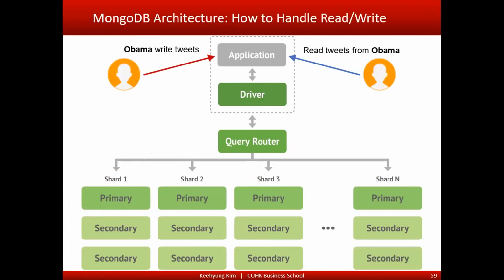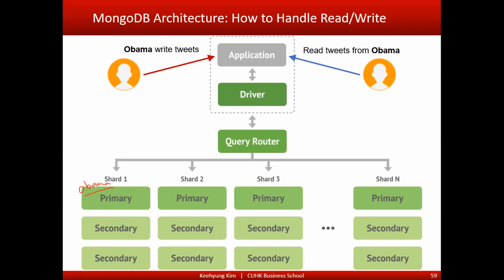So these are some of the examples here. Let's think about a Twitter example, and let's think about how this system actually works. In Twitter, there are multiple users. Let's say that Obama's tweets are saved in this server here, in the primary on shard 1.